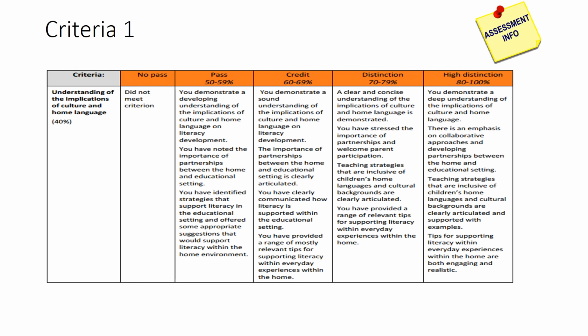Do you have strategies that are inclusive of children's home languages and cultural backgrounds? And have you explained those with examples? And have you provided tips for supporting literacy within everyday experiences, within the home, that are both engaging and realistic? So, have you written a quality newsletter?